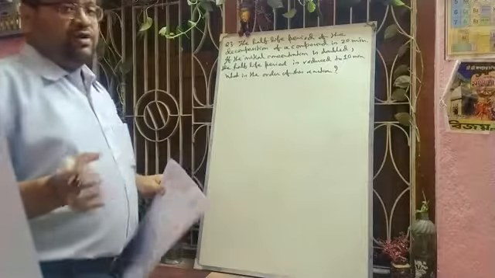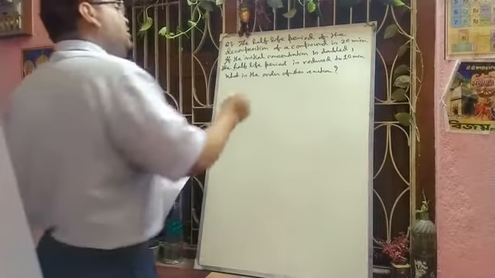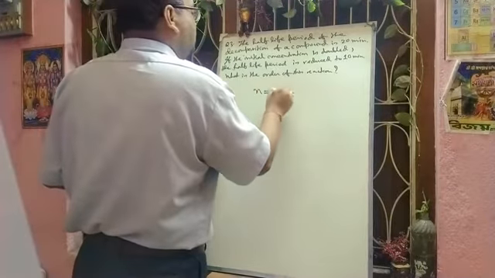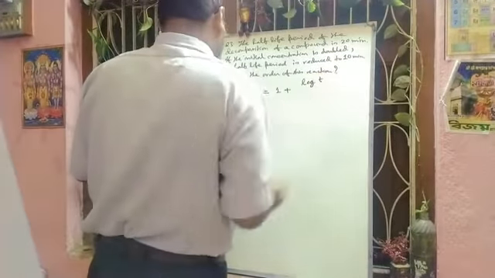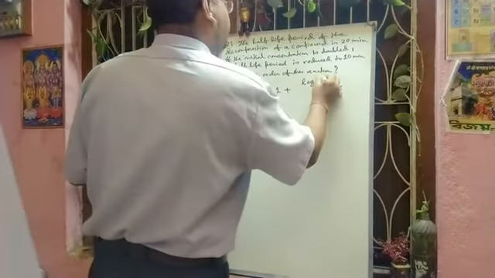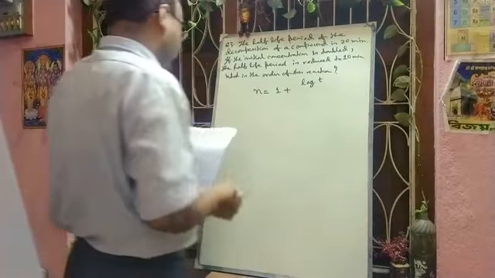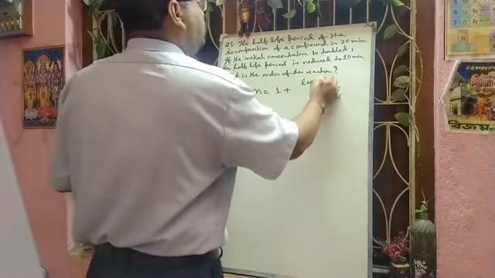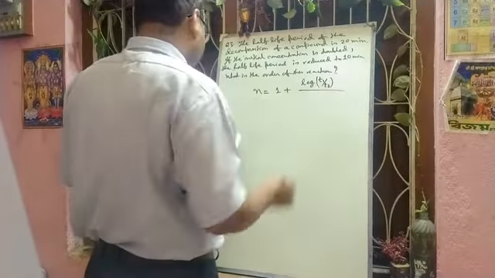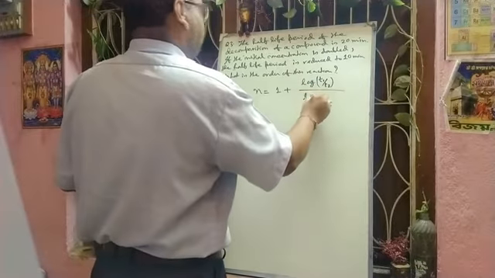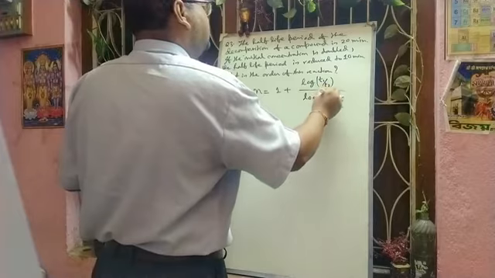Now here, the formula I have already discussed, that you have to apply: n is equal to 1 plus log of t half, we can write t1 by t2, divided by log a2 by a1.